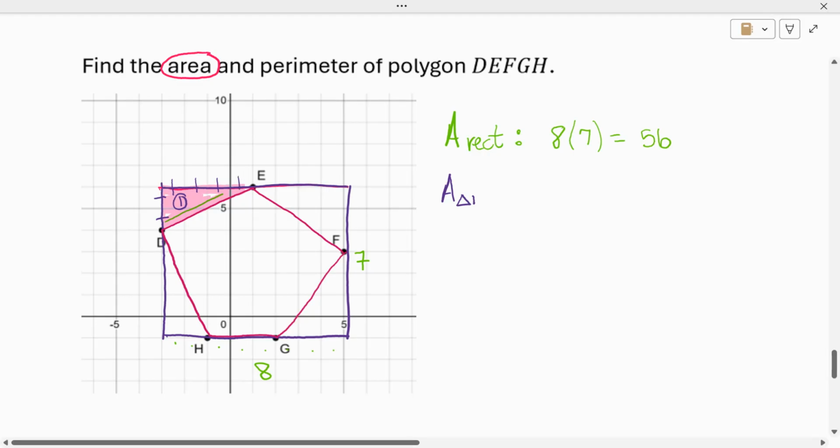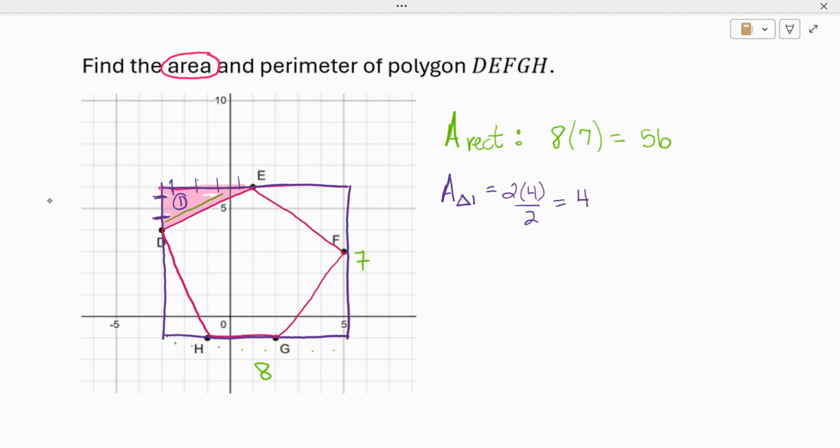I just counted the marks. This is my base. How many units is that? 2 by 4. So 2 times 4 divided by 2. All right, Brianna, what is the area of triangle number 1? What is 2 times 4 divided by 2? 2 times 4 is 8. Divided by 2 is 4. Okay.